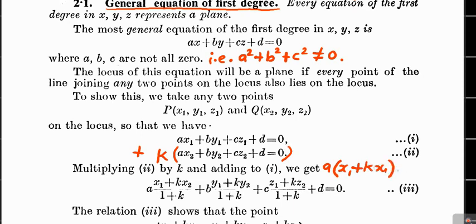x1 plus k into x2 plus, now from the second terms of both the equations, we'll take b common and we'll get b into y1 plus k into y2. So the next term is b into y1 plus k y2.